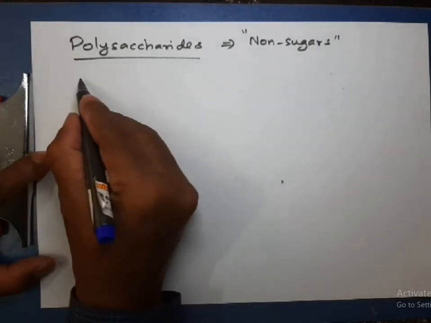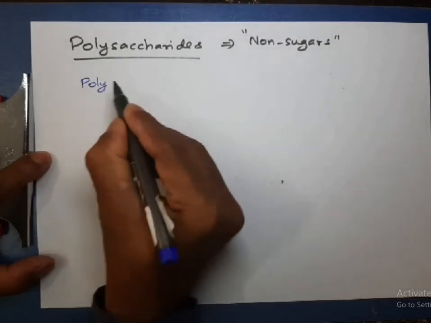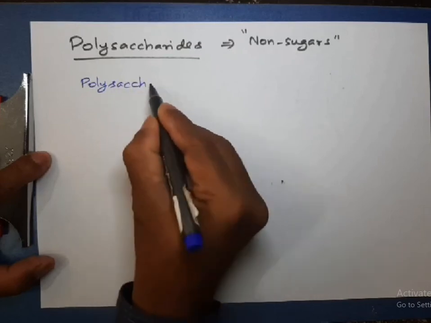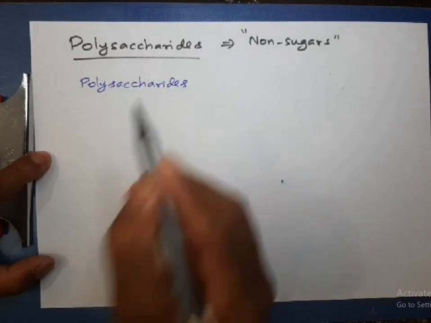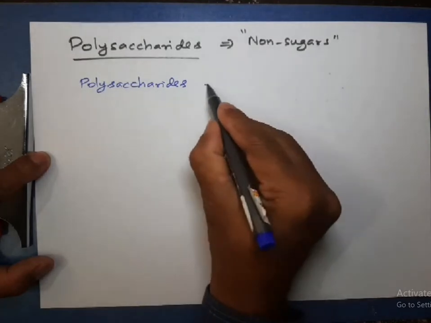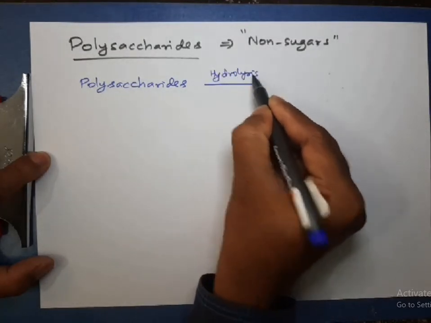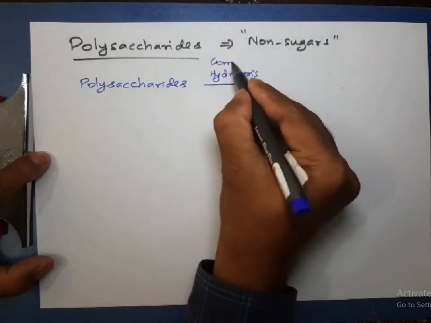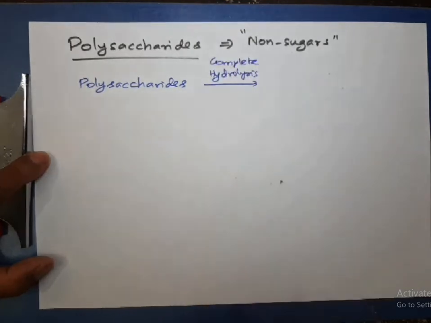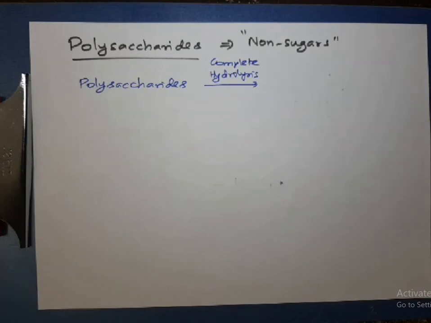If you take some polysaccharide and do complete hydrolysis, complete hydrolysis means we should break all the glycosidic linkages.